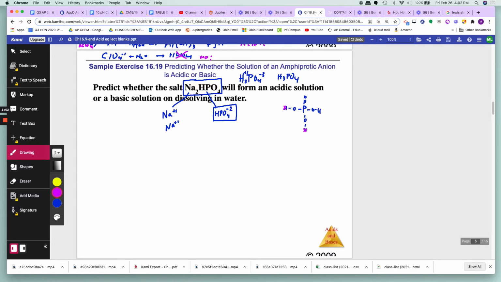And what you have here is a lone pair that's ready to attack, ready for the H+ to go back in. So as you can tell, this substance HPO4 -2 can take an H in this position. Let me just erase this better.